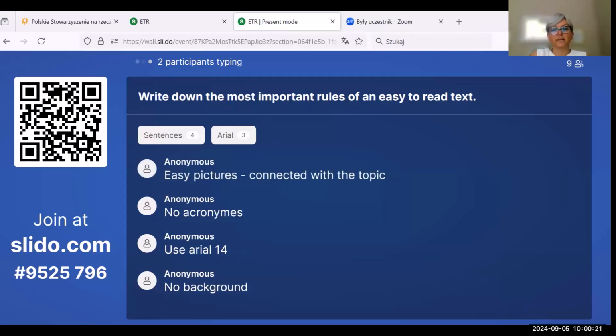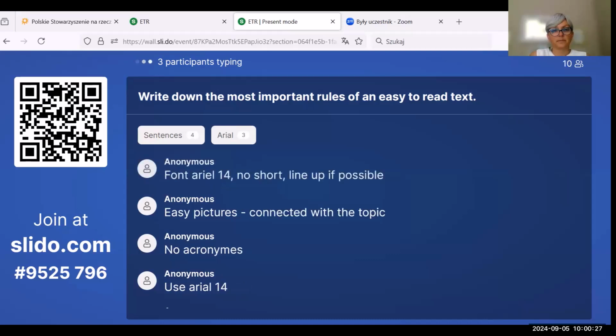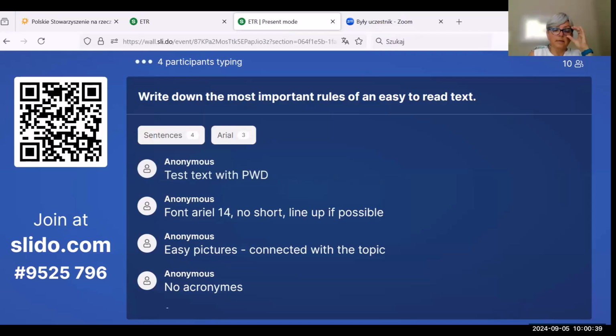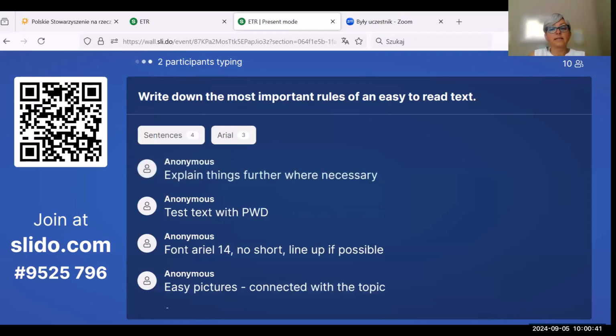Easy pictures connected with the topic. Yes, line up if possible. Yes, found Arial 14, exactly. Test the text with people with intellectual disabilities, yes.